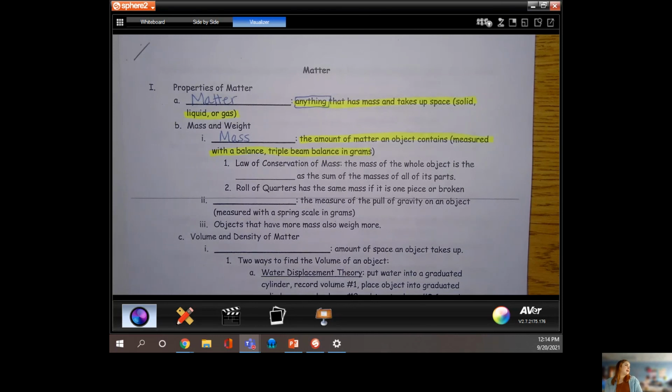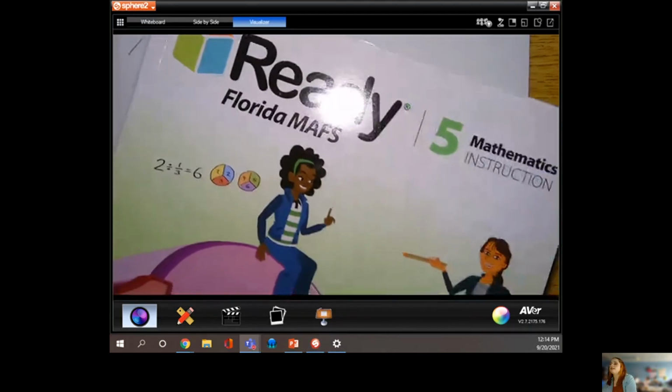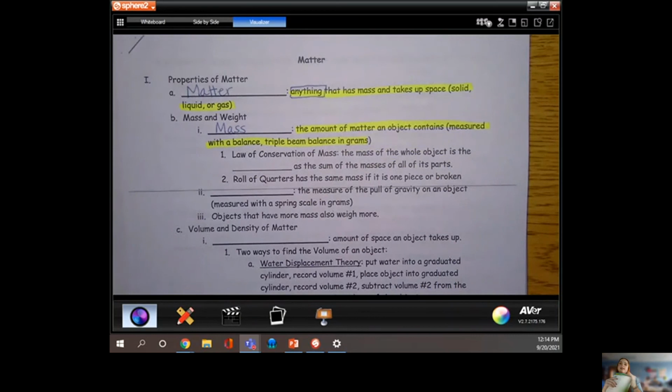This means if I take an object such as, trying to think of something easy. So if I take this textbook, okay, and I rip it into pieces, I take the pages apart, I rip it all into pieces, and then I set it next to it.